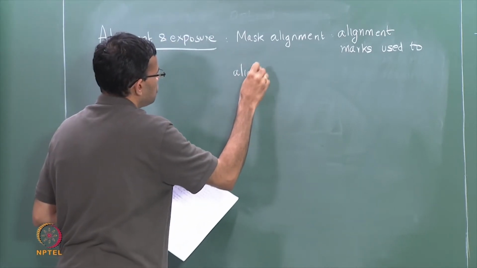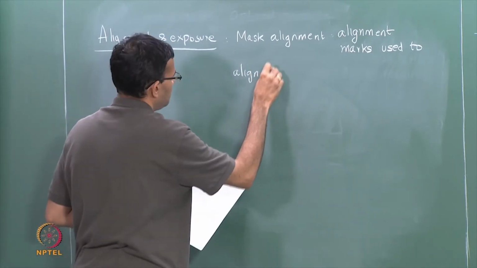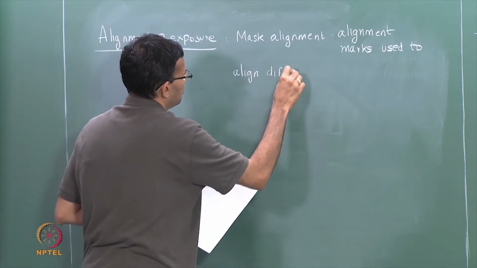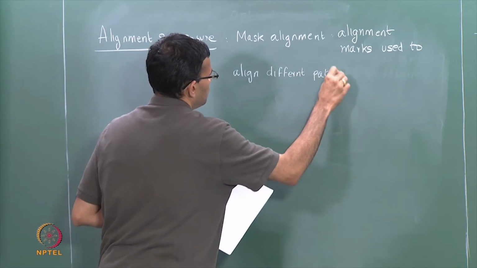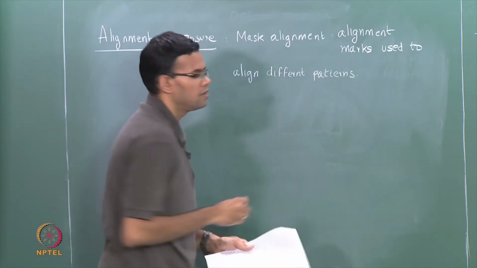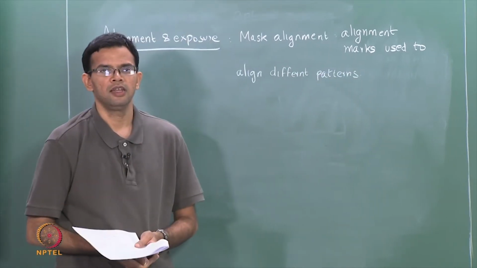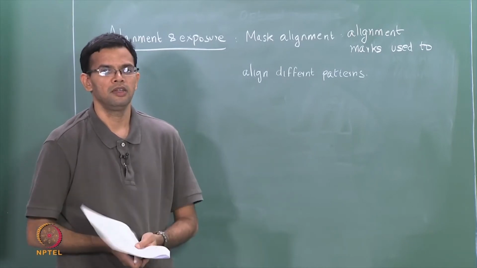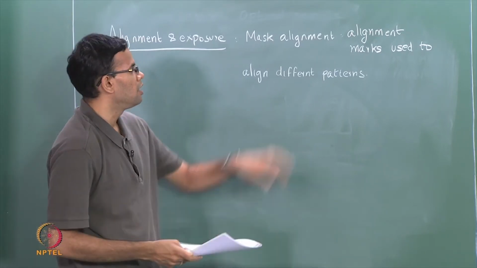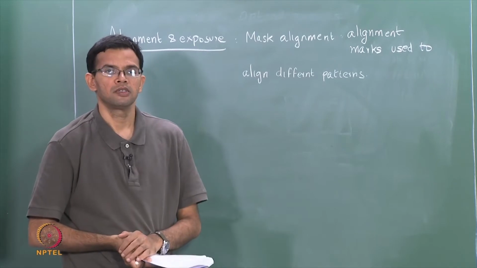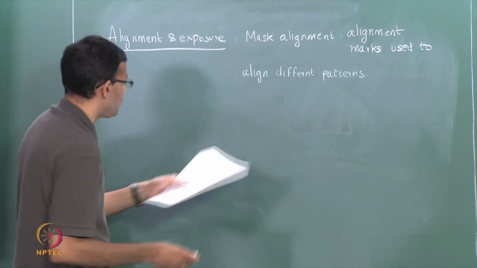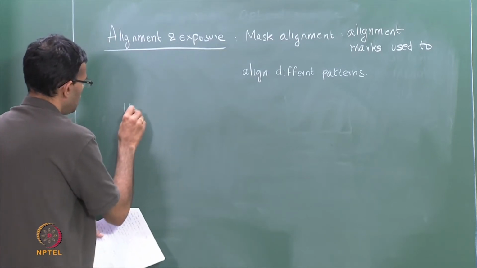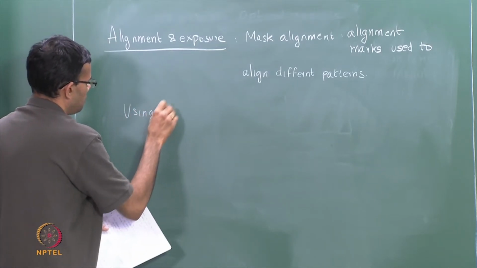So these are used to align the different patterns. They are not part of the circuit design, but they are usually written in part of the design in order to help the alignment. So the first step is the alignment process. This is usually done by using a machine called the stepper.